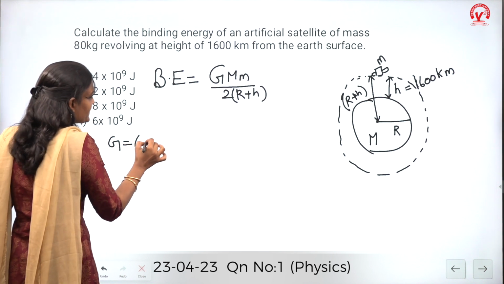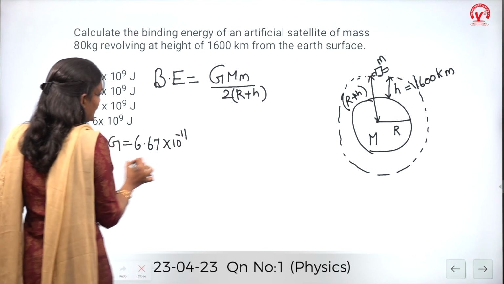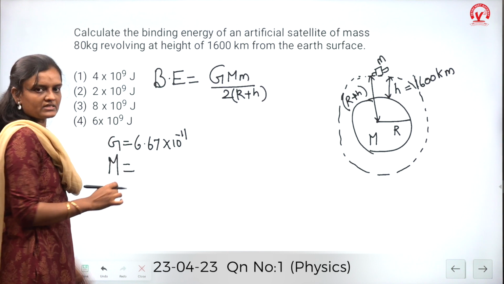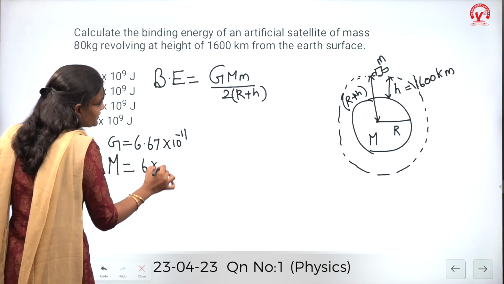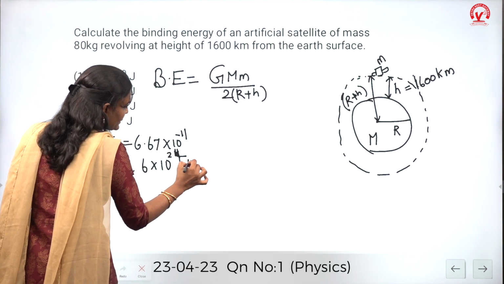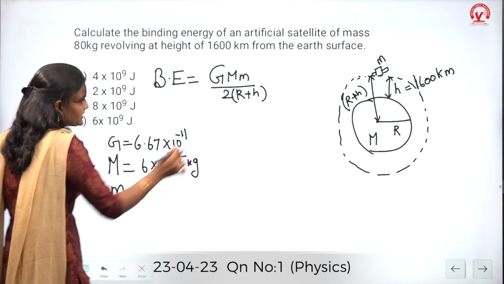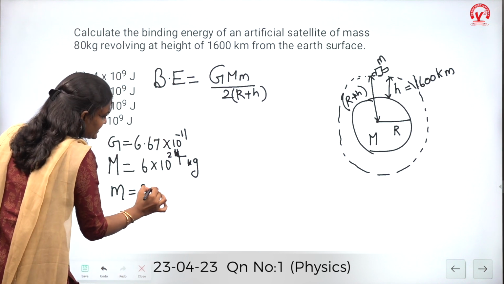So, 6.67 into 10 power minus 11, and they gave the mass of the Earth, capital M. We need to know this value: 6 into 10 power 24 kg. And they gave the small mass, that is the satellite mass, as 80 kg.